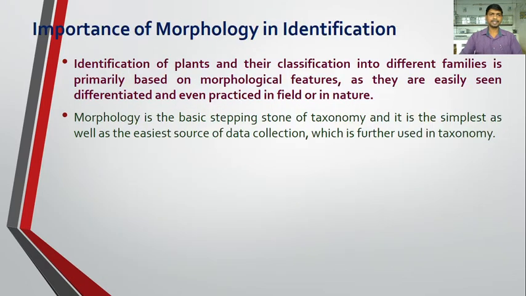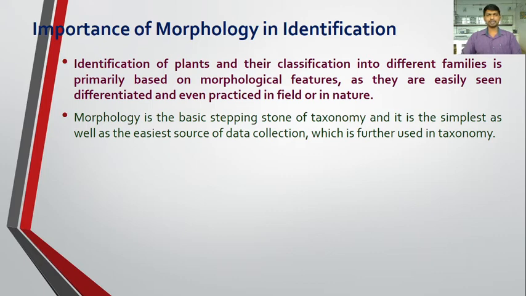Okay. Next is the importance of morphology in identification. Here the knowledge of morphology that we use in identification, that is the importance of morphology in identification. Identification of plants and their classification into different families is primarily based on morphological features of the plant, as they are easily seen, differentiated and even practiced in field or in nature.